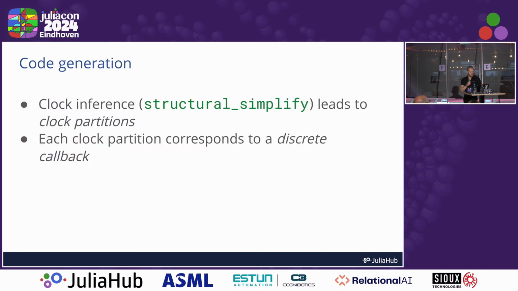I've spoken about this. All right, the next step modeling toolkit does after figuring out the clocks is code generation. So the continuous time domain results in an ODE, just as you are used to in modeling toolkit, but each clock partition results in a discrete time callback. So it's something that is called at a particular time point. You run a computation, update maybe state and parameters, and then the simulation continues.